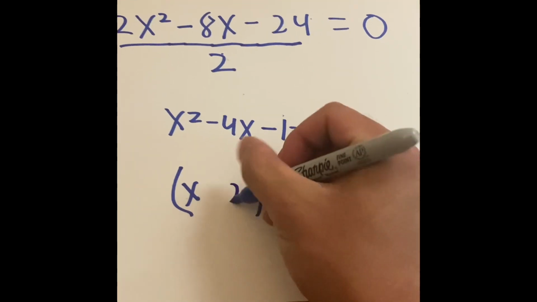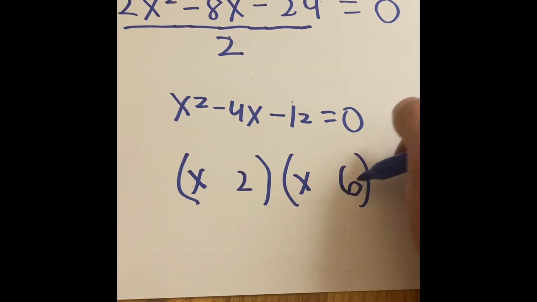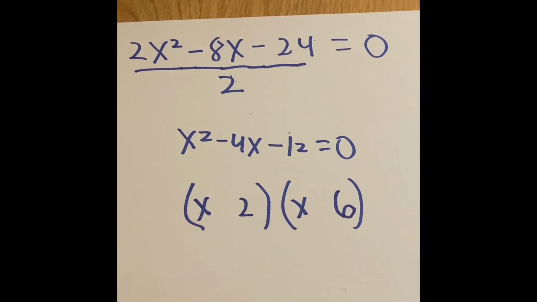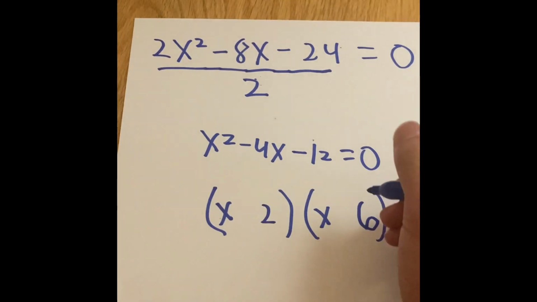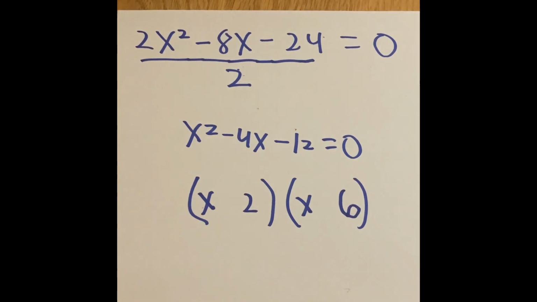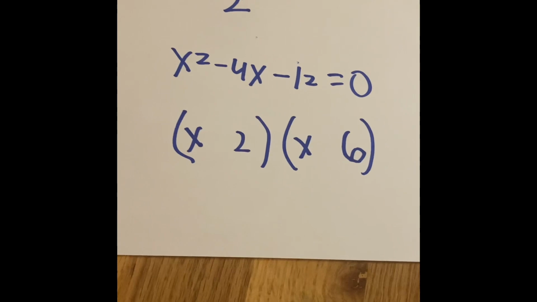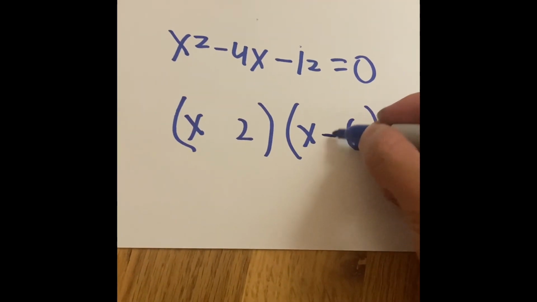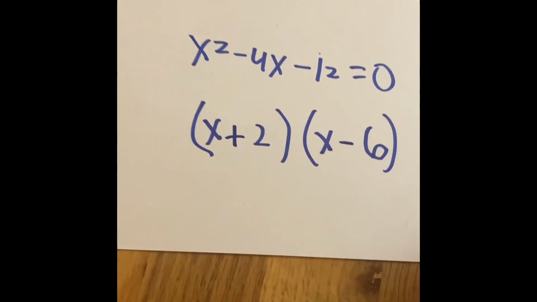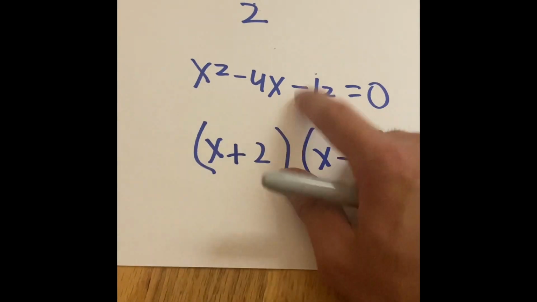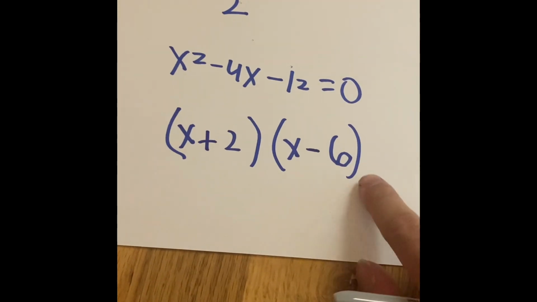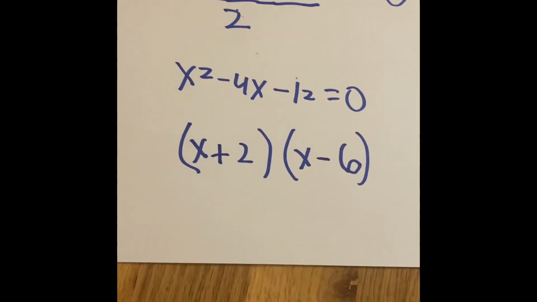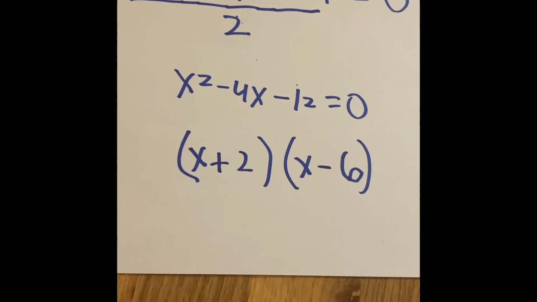Well, 2 and 6 multiply to 12, but not negative 12, unless I say negative 6 and positive 2. Negative 6 times positive 2 gives negative 12, and negative 6 plus 2 is negative 4.